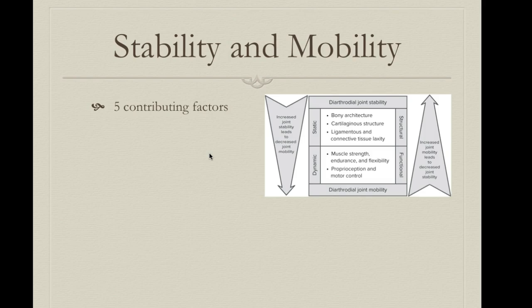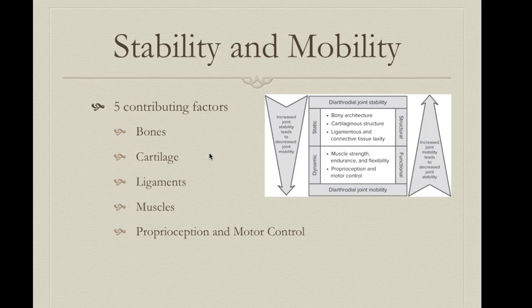When discussing joints, it's really important to understand the concept of stability versus mobility. And there's 5 contributing factors when talking about joints. Those would be bones, cartilage, ligaments, muscles, proprioception, and motor control. And this illustration right here kind of gives you an idea of the continuum that these joints work in.